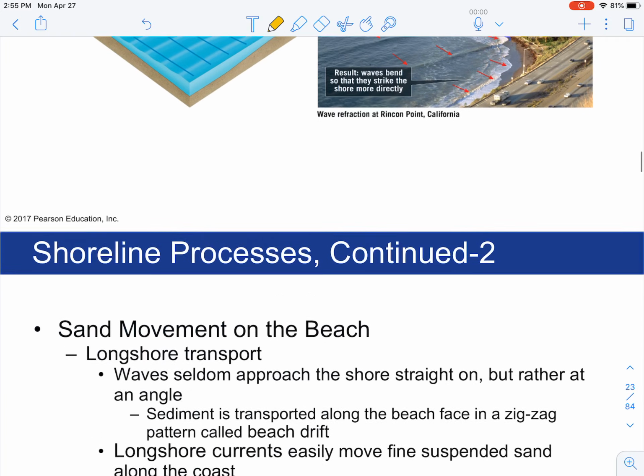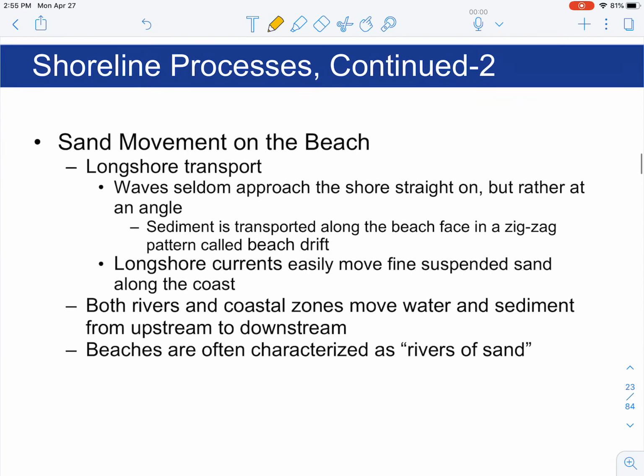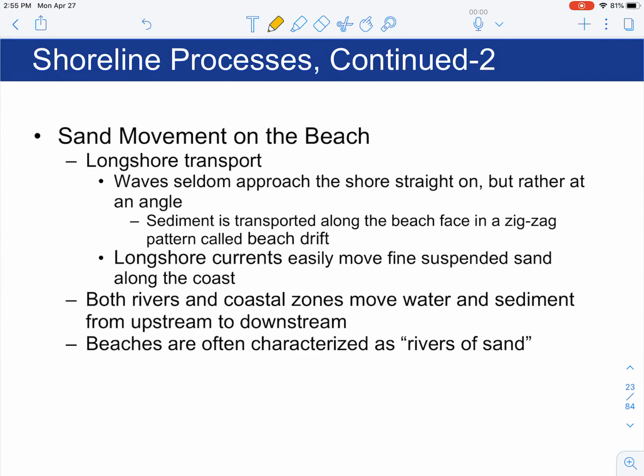The sand that is eroded and then eventually deposited is carried along shore by those waves. So the waves will seldom approach the shoreline straight on, but typically will hit at an angle and then are refracted. As they're refracted, they're carrying that sediment along the beach in these currents that we call longshore currents.